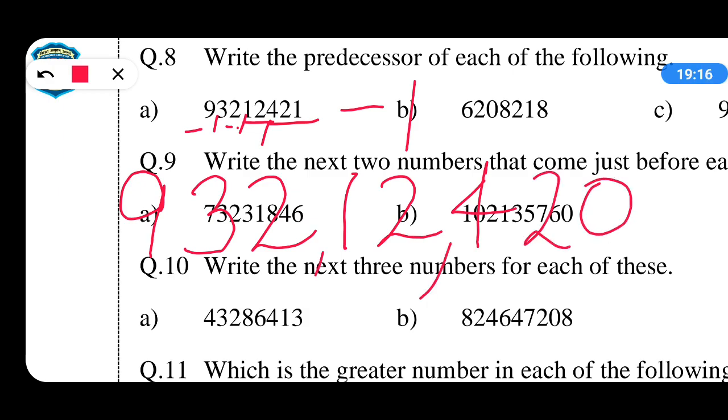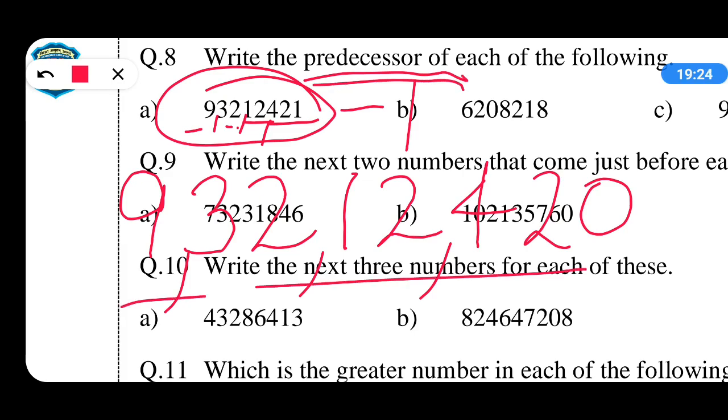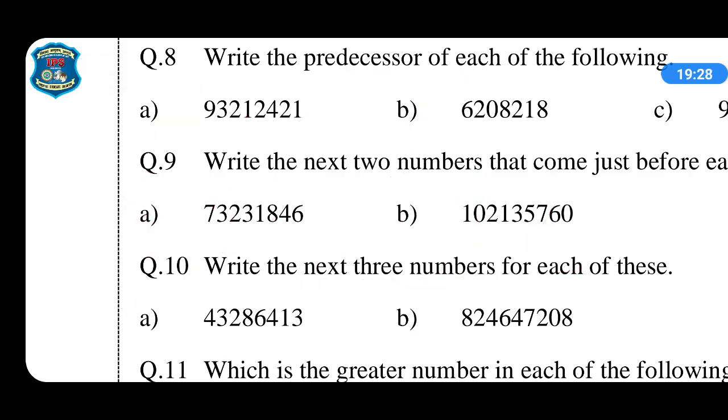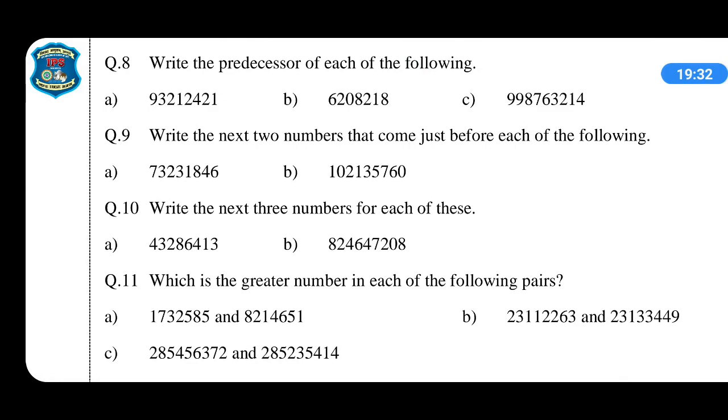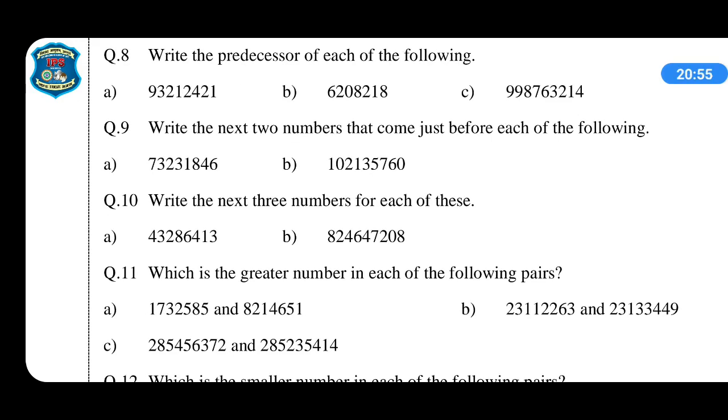This is the predecessor of this given number, right? So you have to find the predecessor. Got it? You have to subtract 1 from the given number, right? This is the meaning of predecessor. The number before the given number, right? You can do the B and C part.